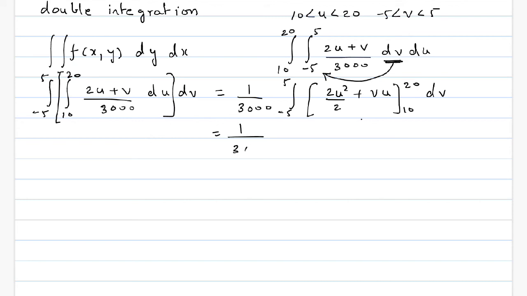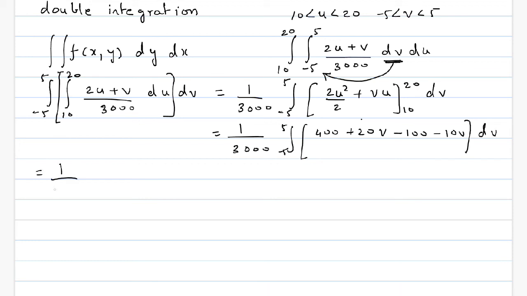So we get 1 by 3000, integration -5 to 5, and we'll put our limits. So we'll get 400 plus 20v minus 100 minus 10v. Okay, my mistake. We'll have 400 plus 20v minus 100 minus 10v, dv.